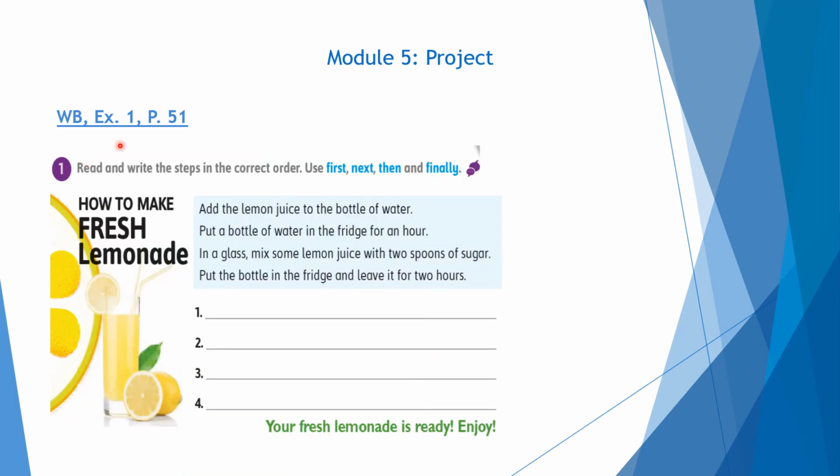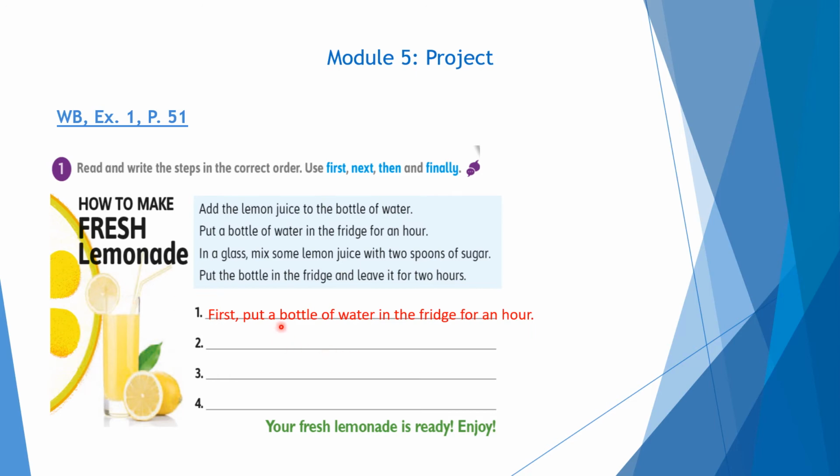Go to your workbook exercise 1 on page 51. Read and write the steps in the correct order. Use first, next, then, and finally. How to make fresh lemonade. Now we have 4 steps. Read them and think which one is the first step. Yes.